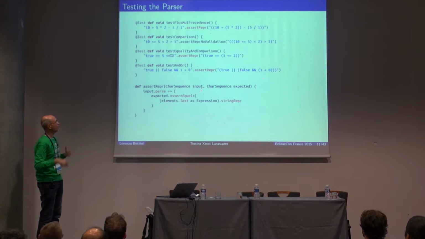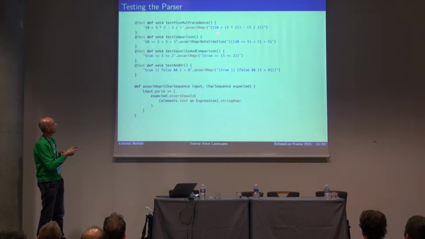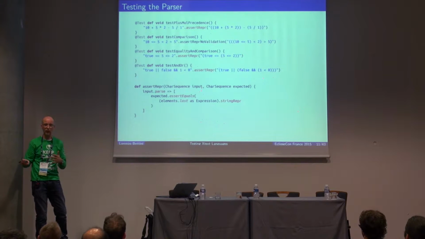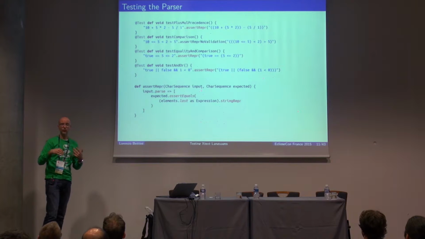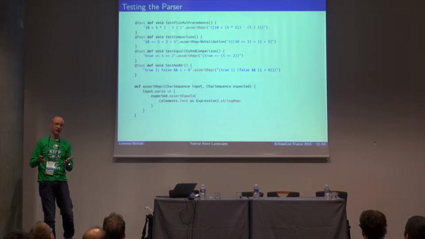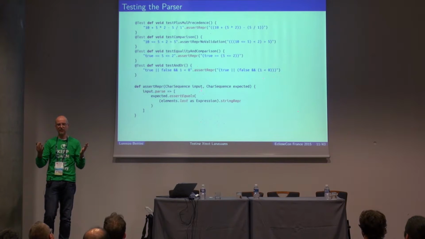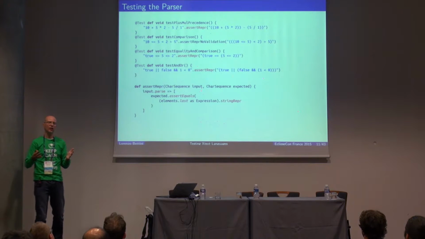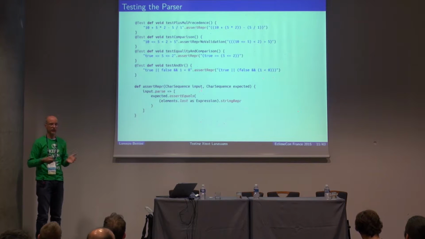And given this representation, I can check that, for example, the priorities are as expected. So multiplication has higher priority than other operators. And also that associativity is as expected for operators of the same precedence. Okay? So you see that it's quite easy to write readable tests that test what you actually expect. Okay? So feel free to interrupt me at any time if you have questions.